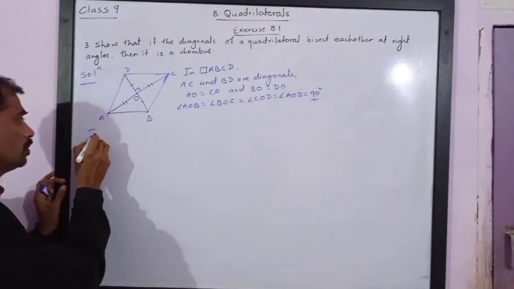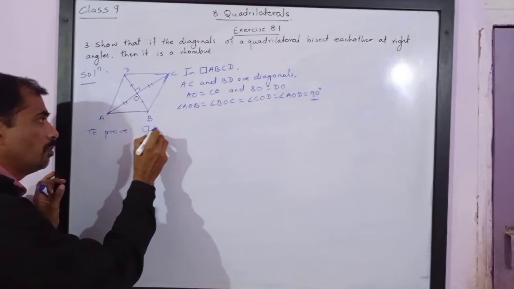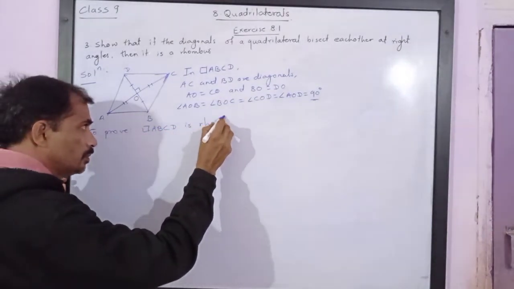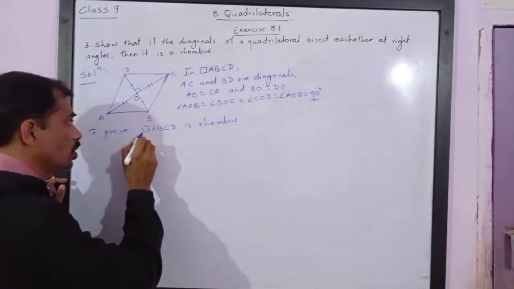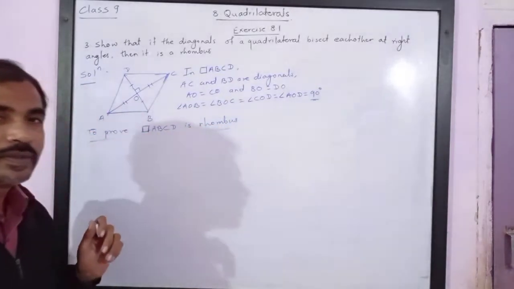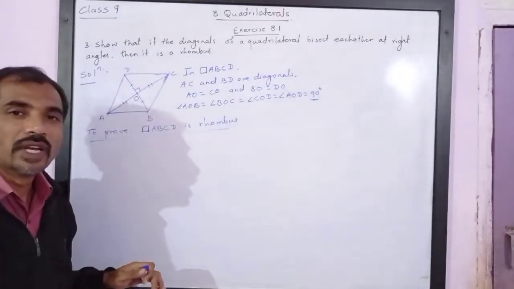So we have to prove quadrilateral ABCD is a rhombus. Please note, according to the definition of the rhombus, it must be a parallelogram with all sides equal.